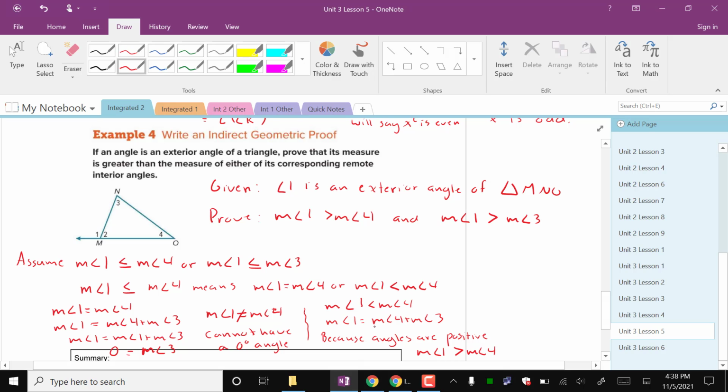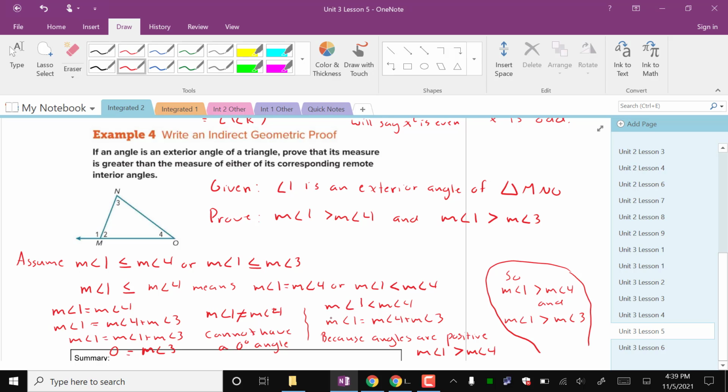Because if it's not, then you're going to get a negative angle over here, and that's going to break this whole thing down. So measure of angle 1 has to be greater than measure of angle 4, and measure of angle 1 has to be greater than measure of angle 3. The reason for 3 is the same thing as what we just did for 4. You can put 3 in its place and you would end up with the same result.